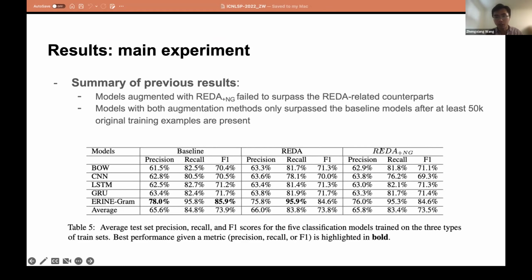As can be seen, these are models trained on different types of training sets. This is the baseline. This is REDA, with only those 5 token-level text editing operations, and then enhanced with the n-gram model. It can be seen that the model trained on examples enhanced by REDA has a better recall score than the model trained on the baseline.